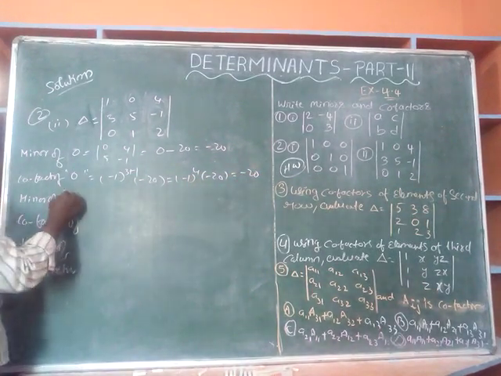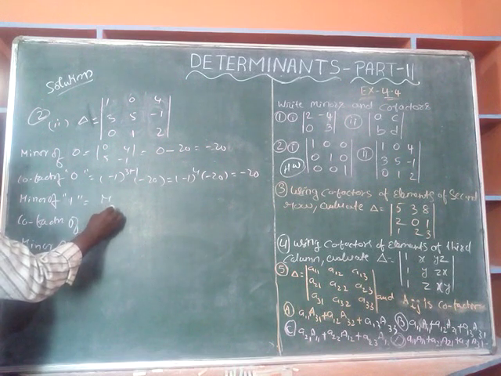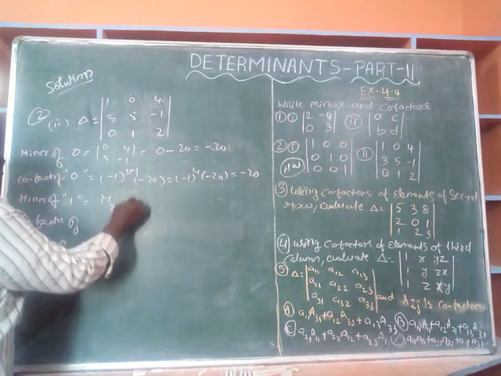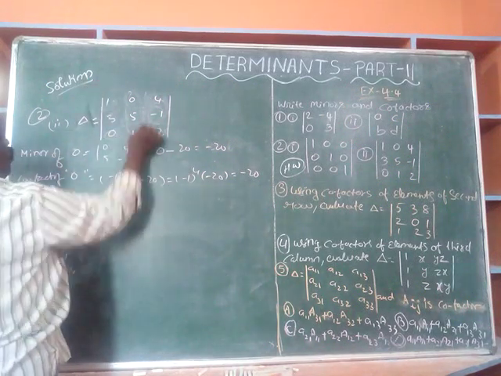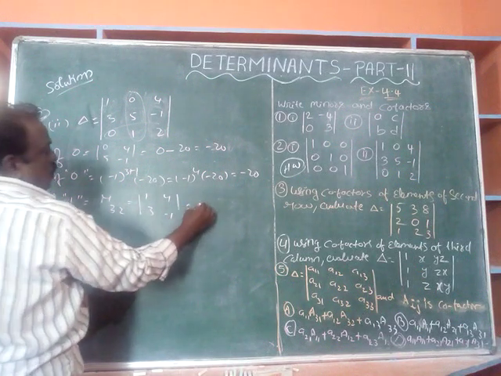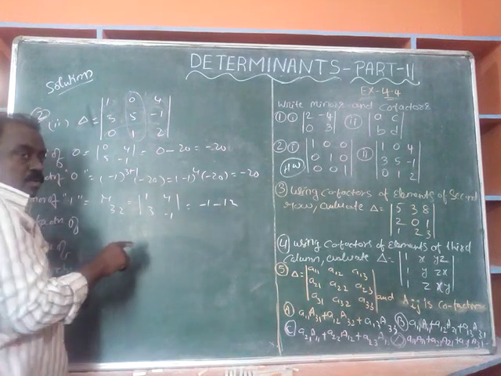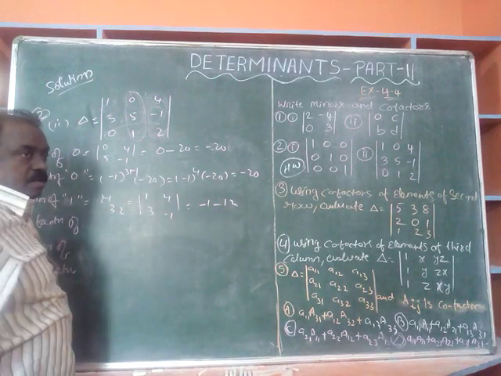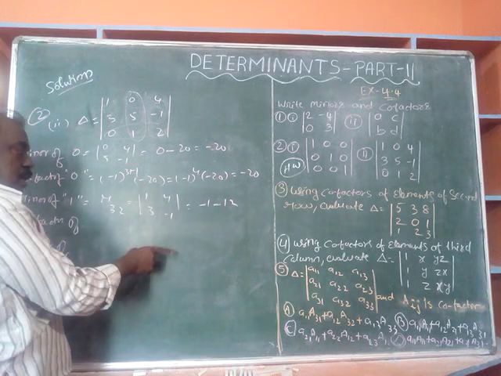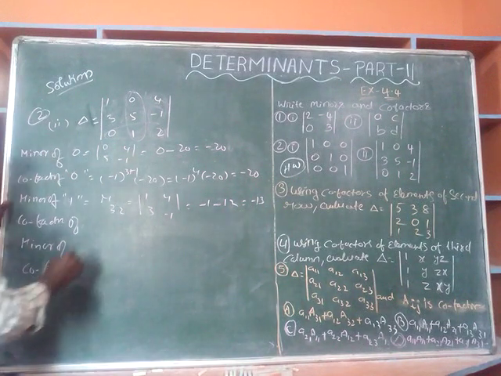And cofactor of 1, minor of 1. This is M32. After deleting this, we get the determinant 1 4 3 minus 1. It is minus 1 minus 12. While we are doing the arithmetic, be careful. 1 into minus 1 minus 3 into 4 is this one, which is minus 13.